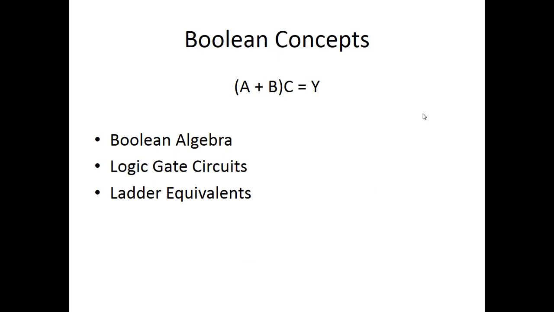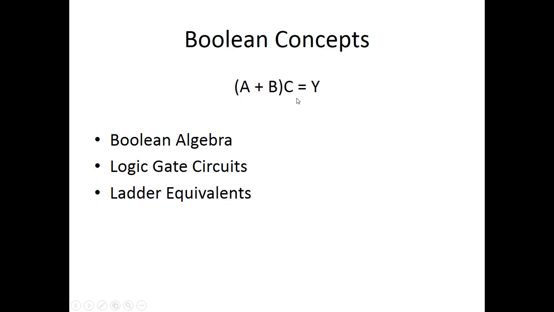We went over the Boolean concepts of how to take a circuit and make it ladder logic, Boolean algebra, a gate circuit, ladder equivalent, Siemens equivalent, and vice versa. If you have one, you can create the other 2 or 3, or have the math here, you can create ladders, and it all says the same thing, just different ways of looking at it.